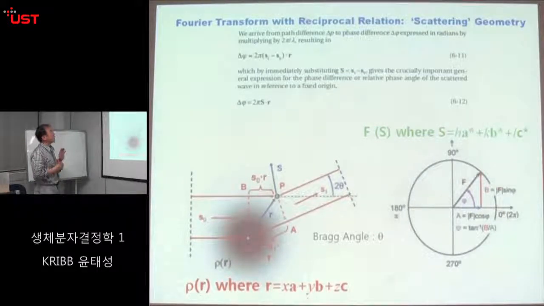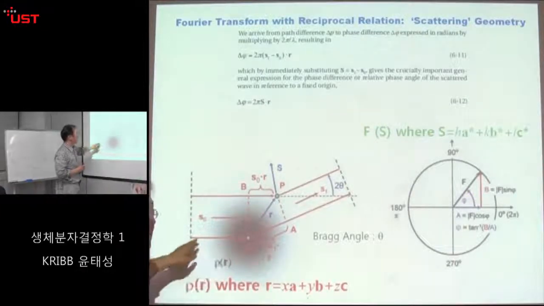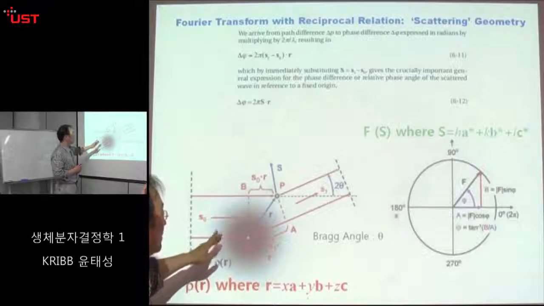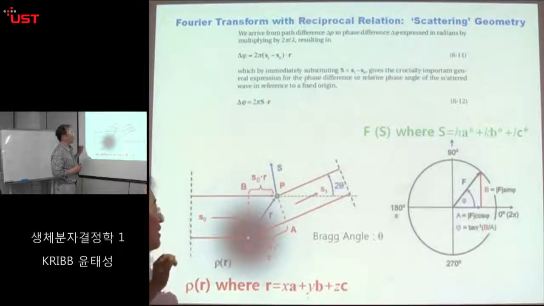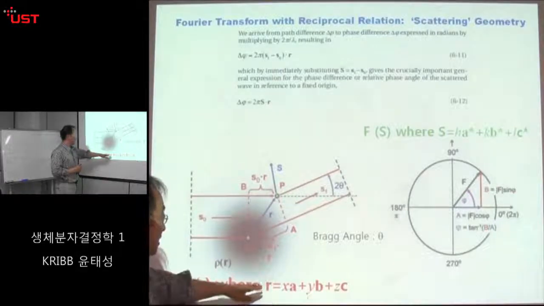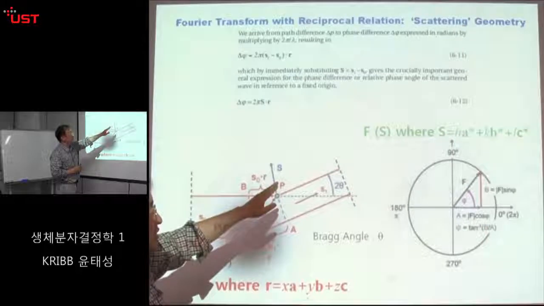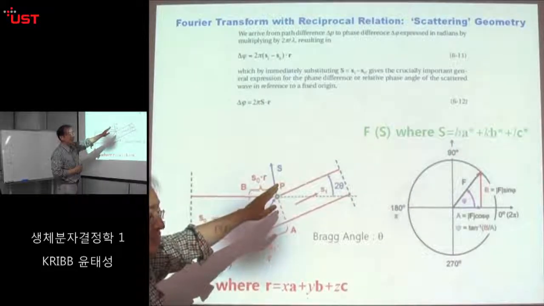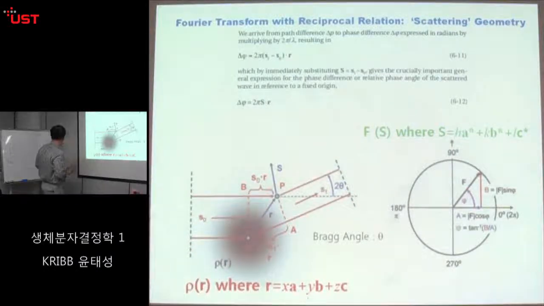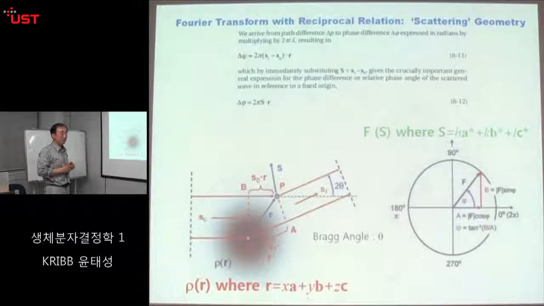So scattering geometry is for general physics, but scattering geometry for a crystalline sample has a unique characteristic in terms of symmetry in electron density and symmetry result, not symmetry itself. Here we have translational symmetry, but there, FHKL, we do not have such translational symmetry.